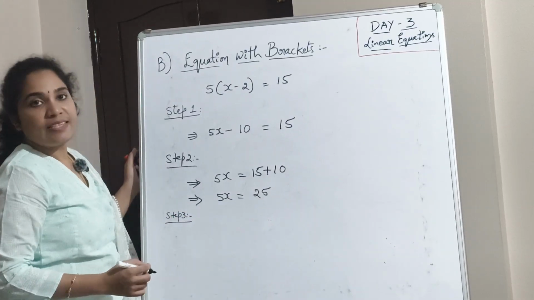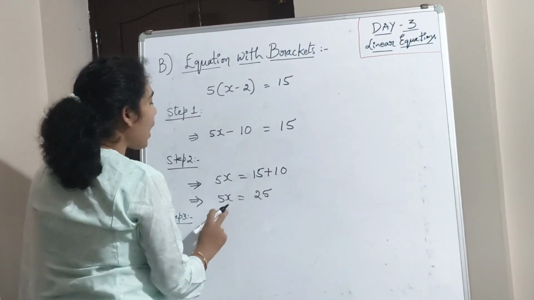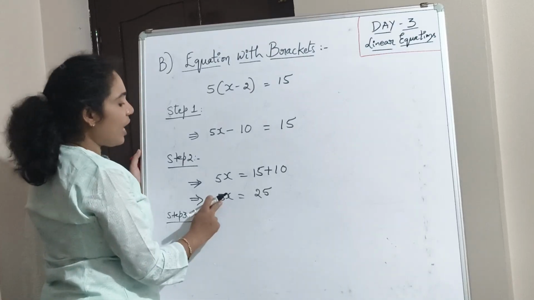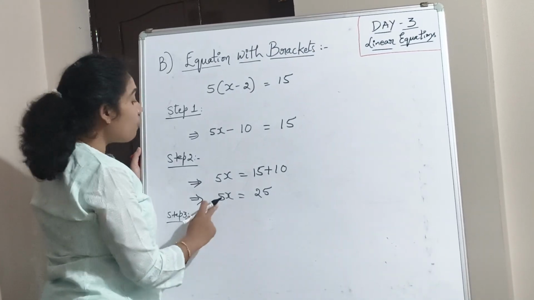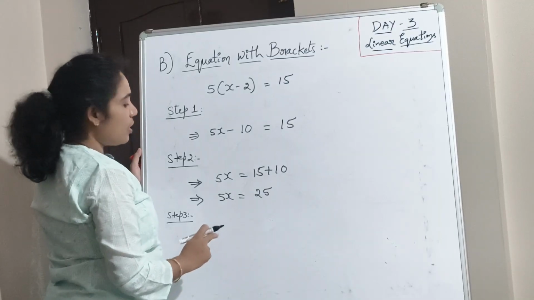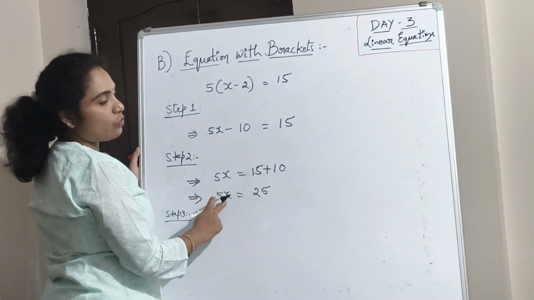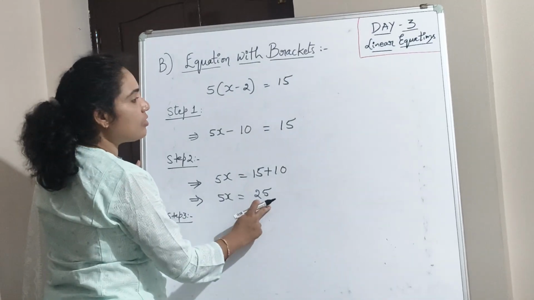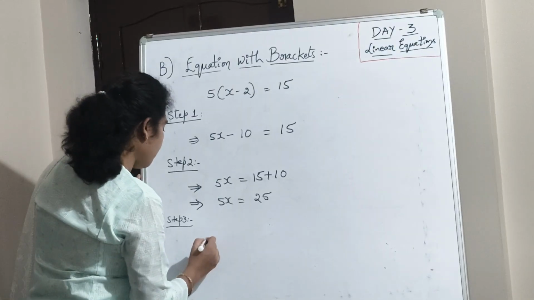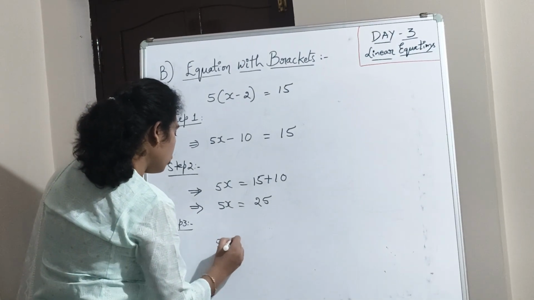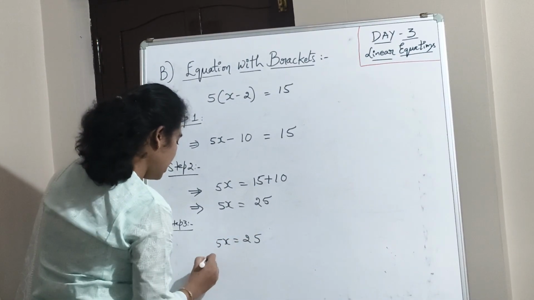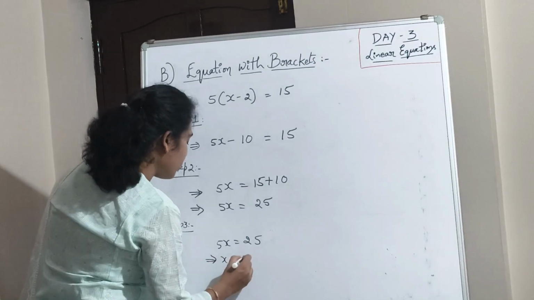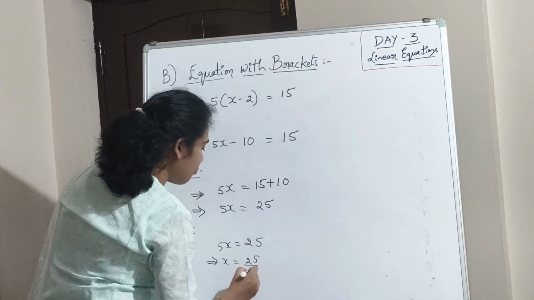Step 3 is divide. Move this 5 to the RHS. 5 is in multiplication with x, so on the other side it becomes division. So 5x is equal to 25 implies x is equal to 25 divided by 5.